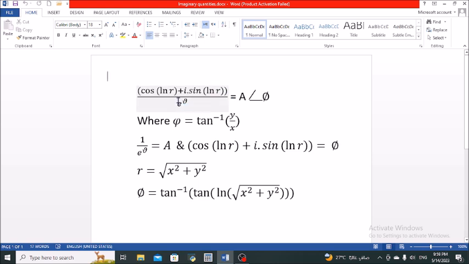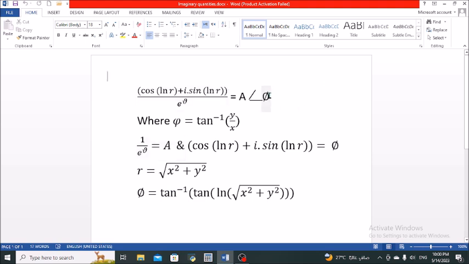Actually, 1 over e to the power theta represents the scalar value of the vector, 1 over e to the power theta equals a, that's it.